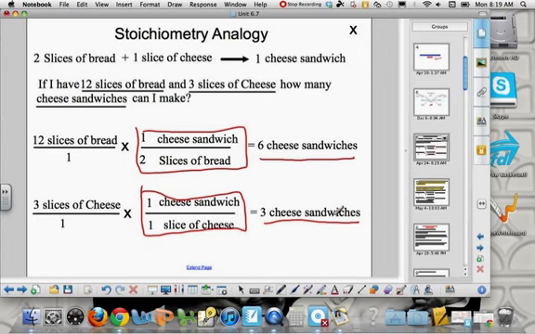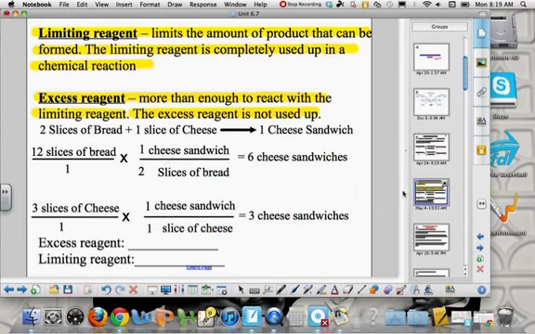So let's define what a limiting and excess reagent is and which one of these is our limiting and which one is our excess. It says that our limiting reagent limits the amount of product that can be made or formed. It's completely used up in a chemical reaction, while our excess reagent will have more than enough to react, and it's not going to be used up.